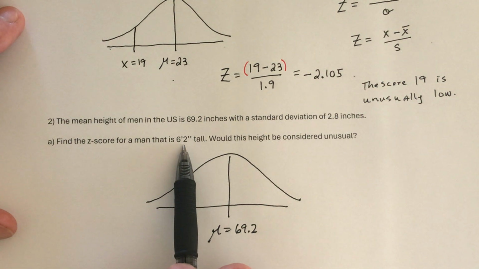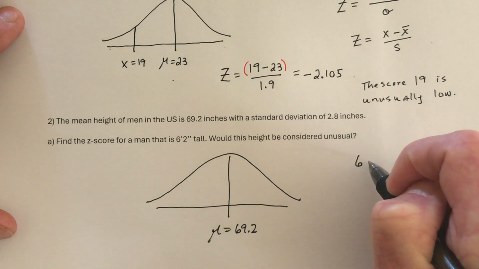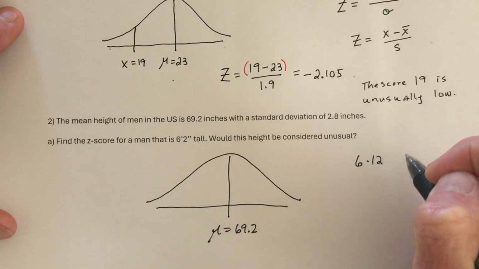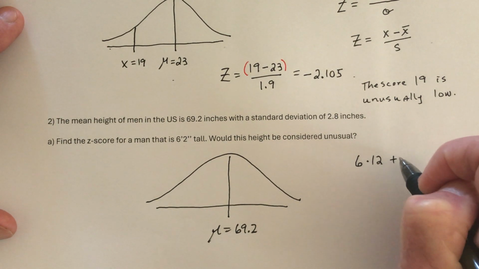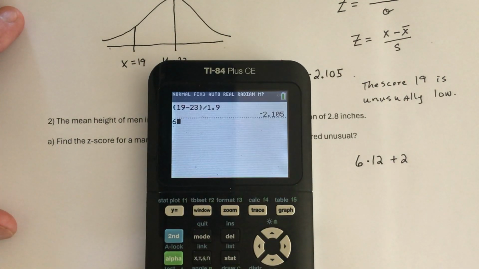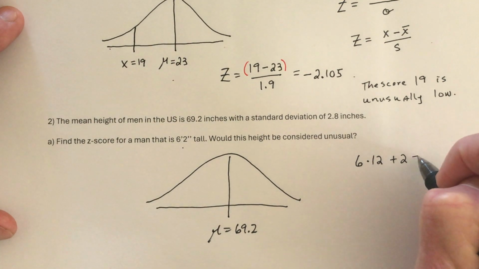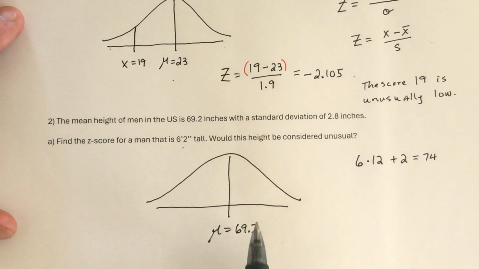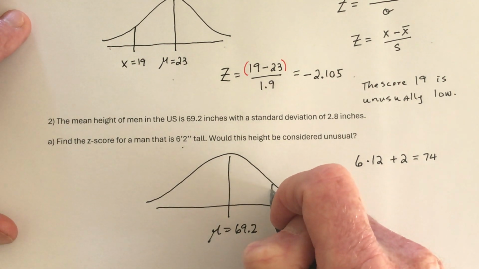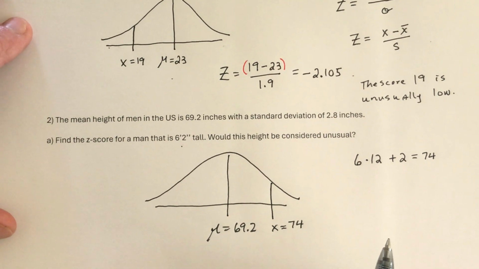Then this is the score x, but this is in feet and inches, so I need to change that to inches. So 6 feet tall, and there's 12 inches in a foot, so multiply by 12, and then add the extra 2 inches. So 6 times 12 plus 2 means that person would be 74 inches tall. That would be above average, so they would be over here somewhere. X equals 74 inches tall.